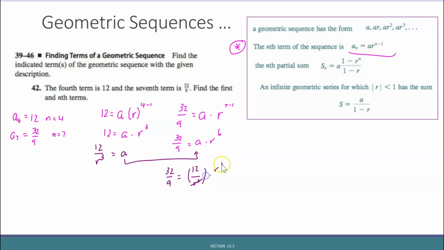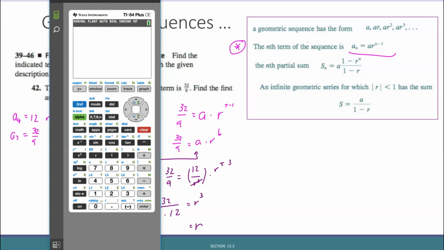Three of these R's will cancel out, so we have 32 over 9, and let's divide by that 12 to move it out of the way. That's going to equal R cubed.